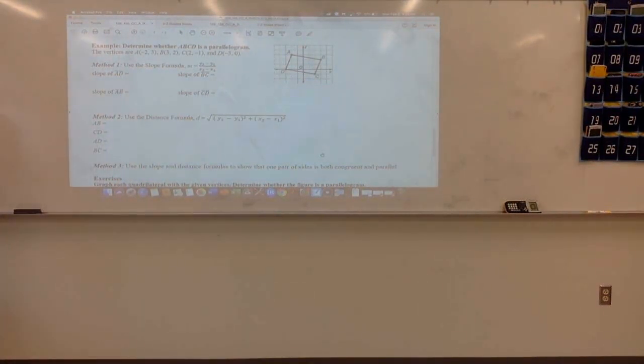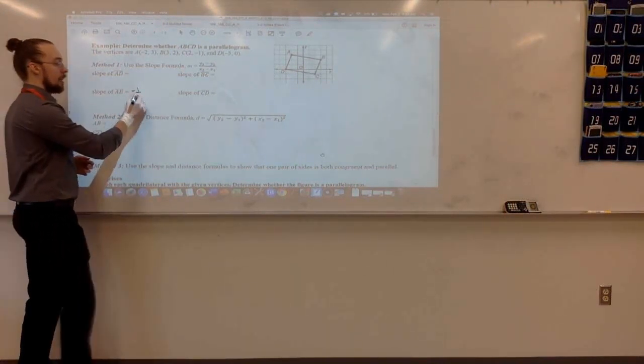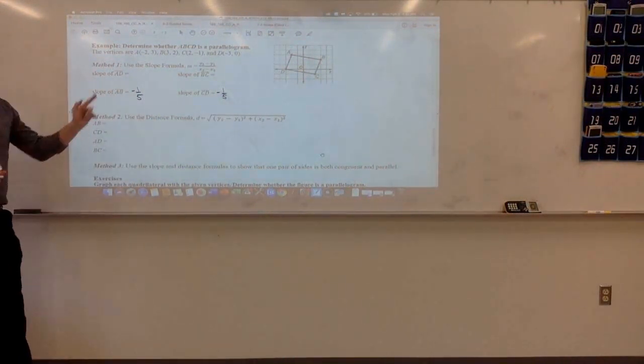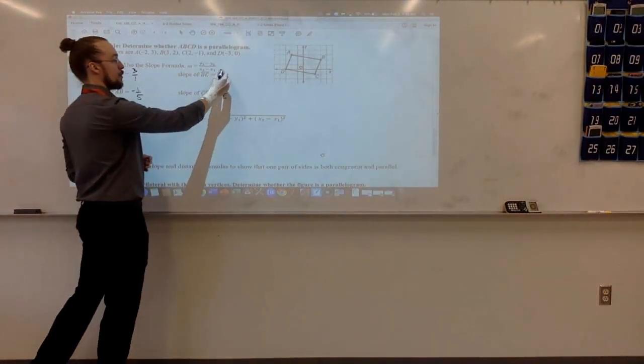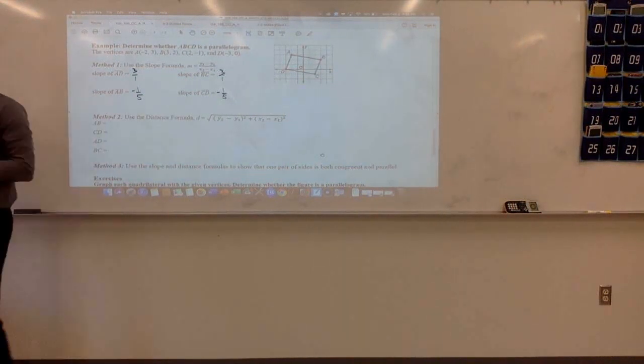We determined that this figure was a parallelogram because both AB and CD had slopes of -1/5, and both AD and BC had slopes of 3/1. So AD and BC were opposite sides, and AB and CD were opposite sides.